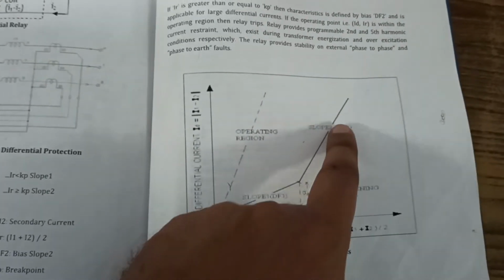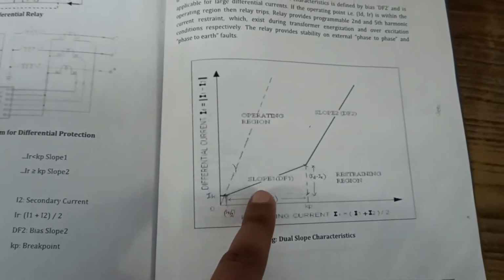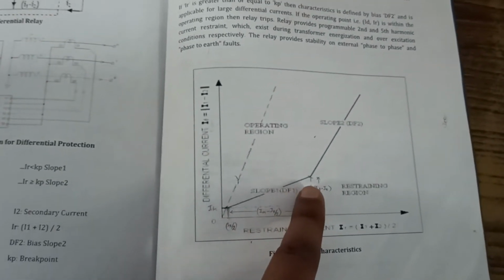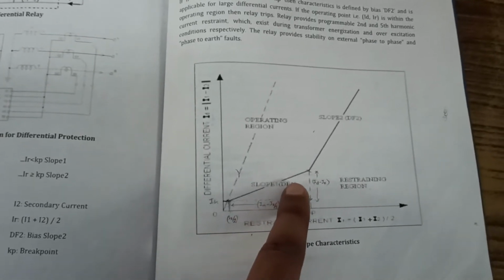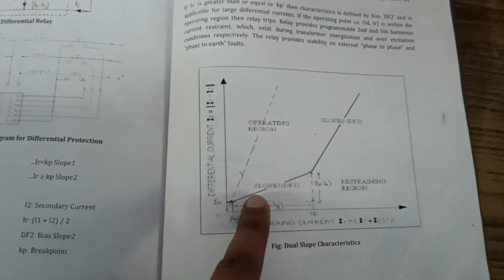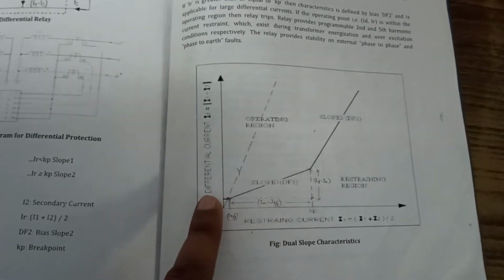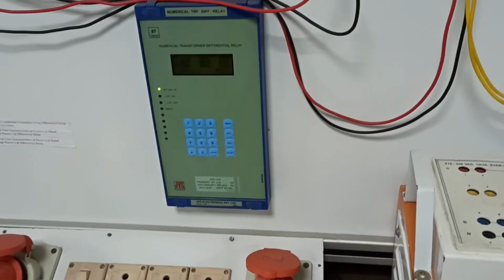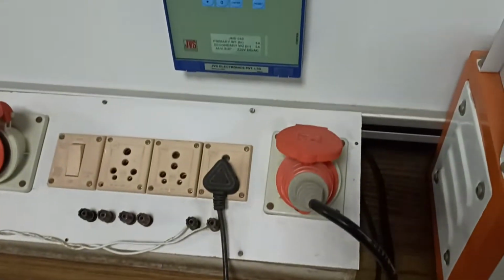We will not change the slope 2, we will change slope 1, and we will take the readings for slope 1 at different values of the slopes, and then we will plot the characteristics of the differential relay. Now we have seen the kit, how the kit operates. Now we will see how to program the relay.